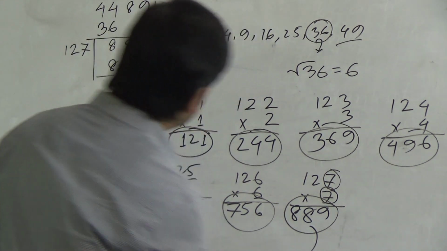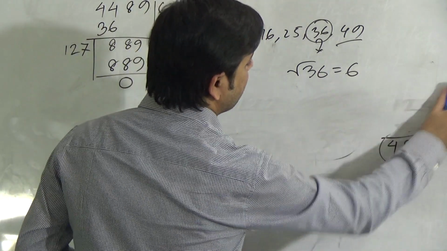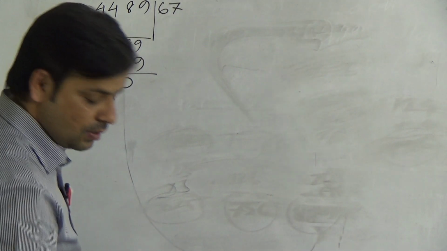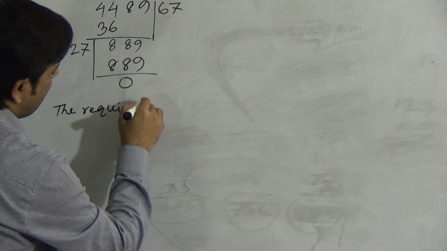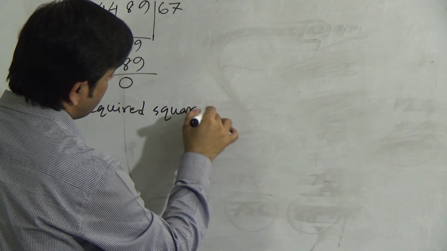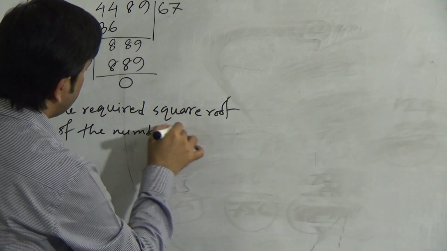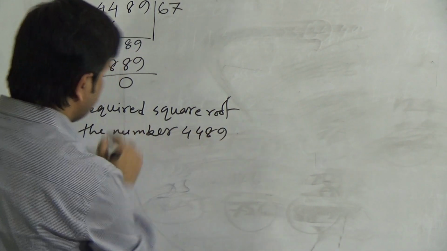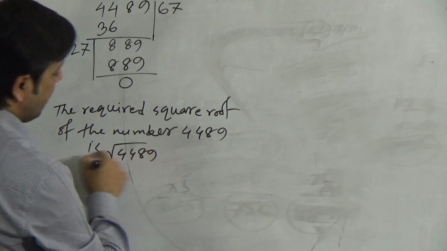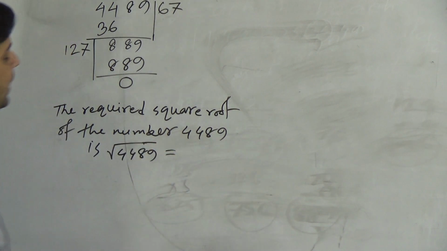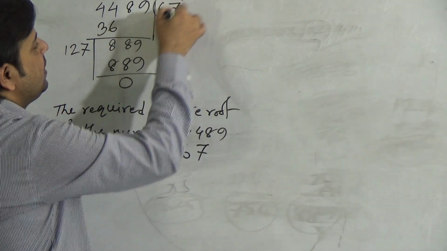We can write the required square root of the number 4489 using the square root sign, and the square root is 67. Our answer should be this one.